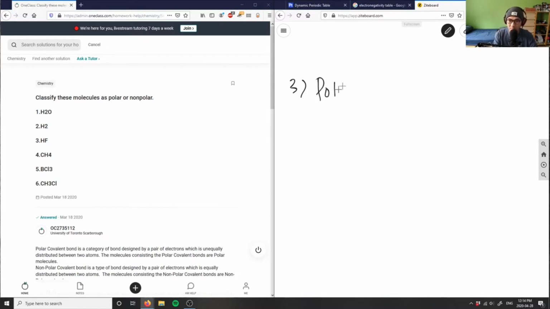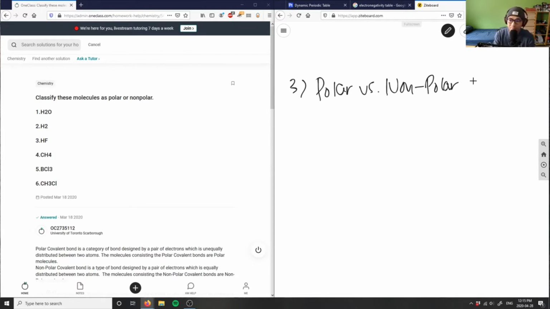Polar versus nonpolar. Okay, so when we talk about polar versus nonpolar, we're talking about this difference in either dipoles or the difference in electronegativity. If we have a positive end and a negative end, then this molecule is polar.